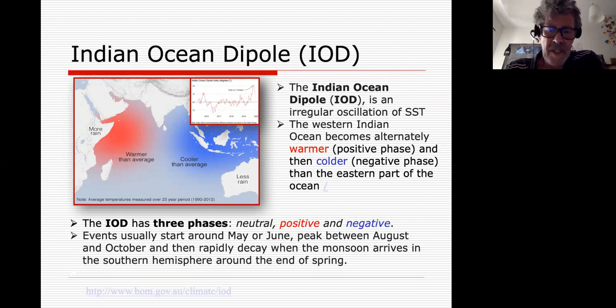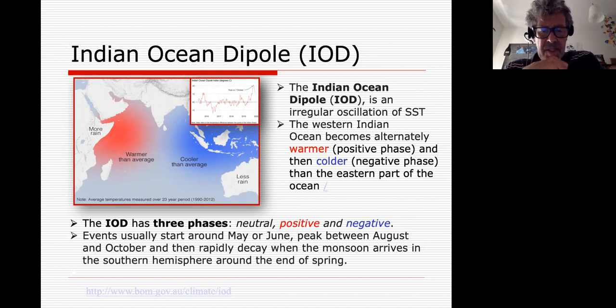The negative phase of the IOD is the opposite. We have cooler sea surface temperature compared with the average on the western side, and warmer temperature on the east side.